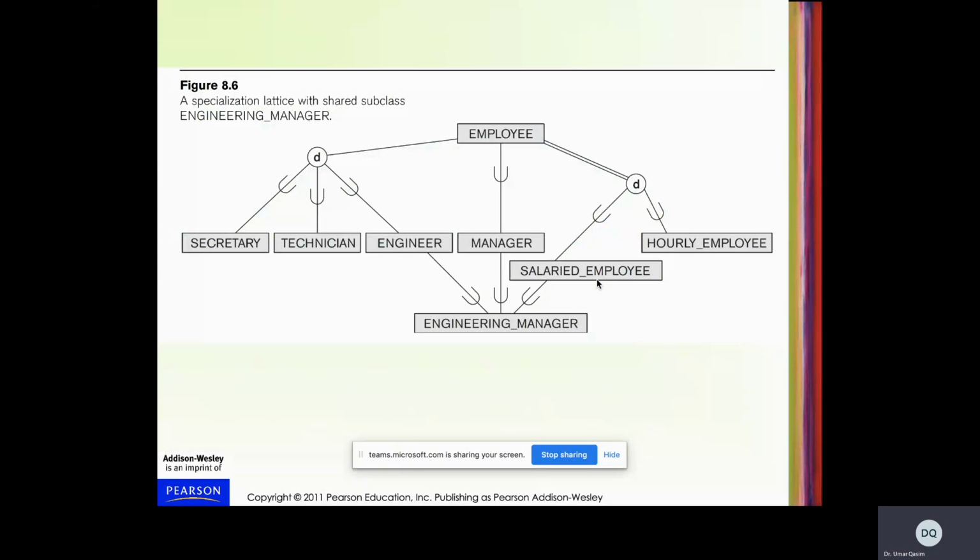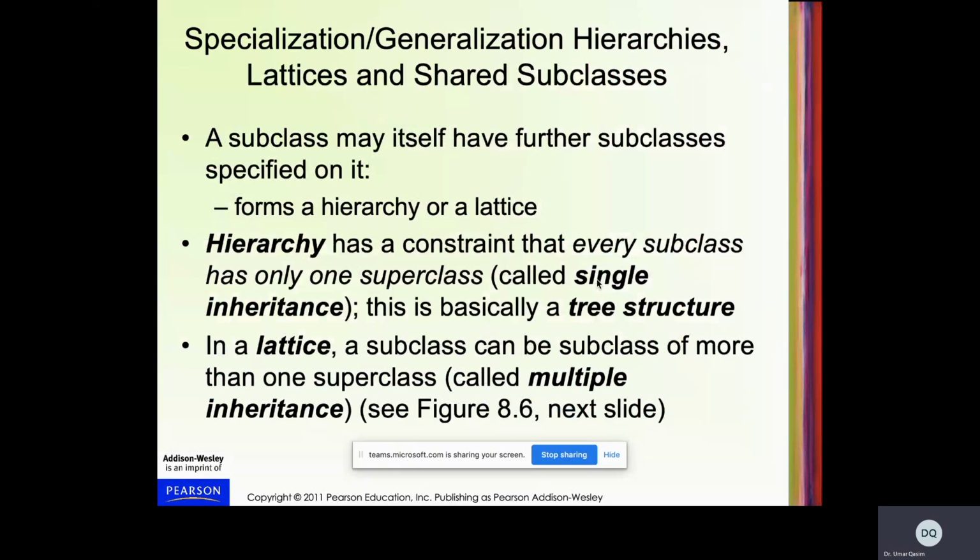So you go with a hierarchy or tree option. A hierarchy has a constraint that every subclass has only one superclass. So every subclass has only one parent, one superclass. So this becomes a tree structure.